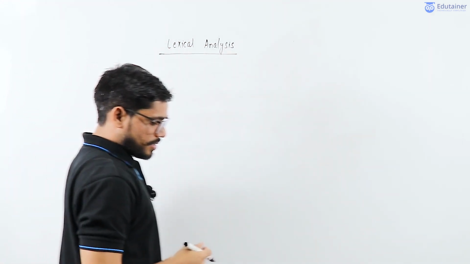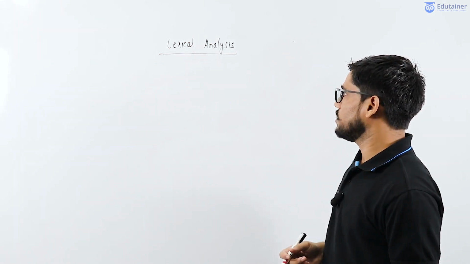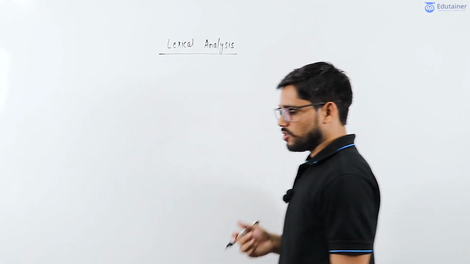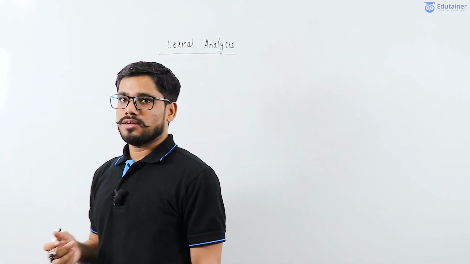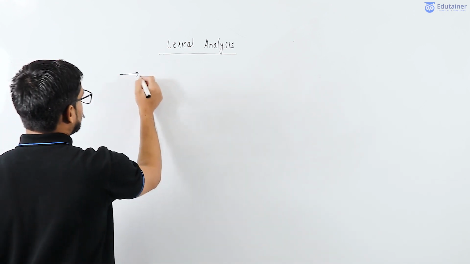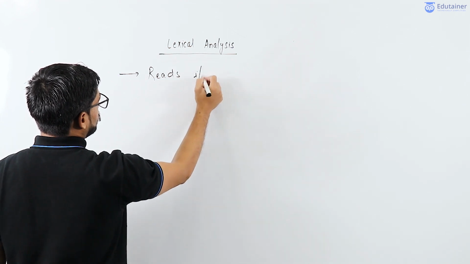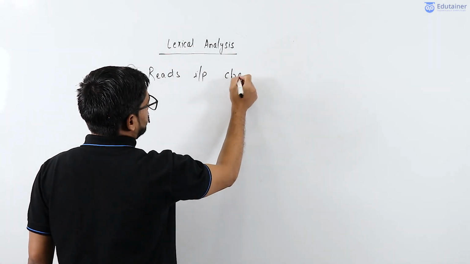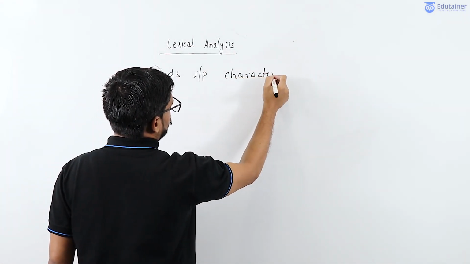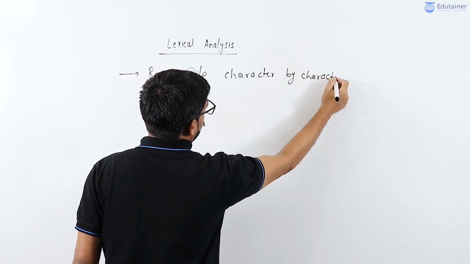When we discussed the example related to the phases of compiler, I told you that lexical analysis is responsible for converting the lexemes into tokens. Lexical analysis basically reads the input character by character or line by line.